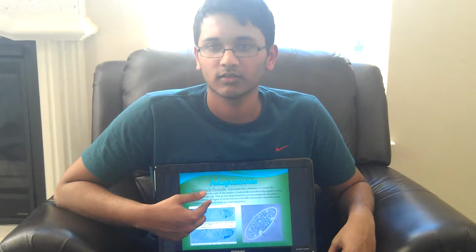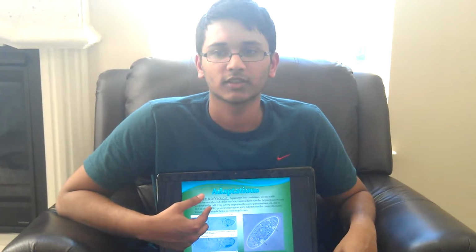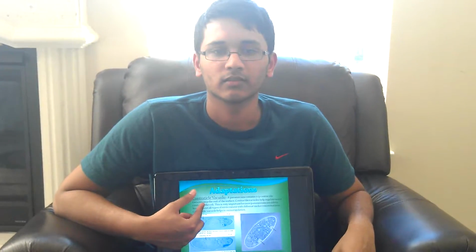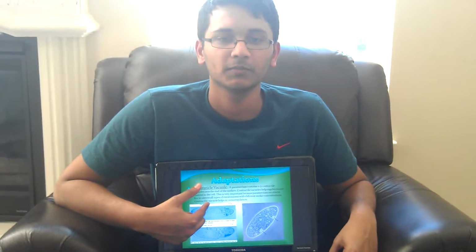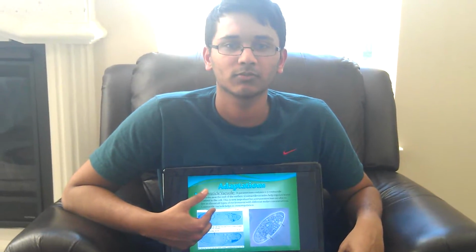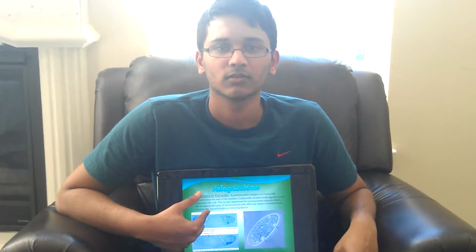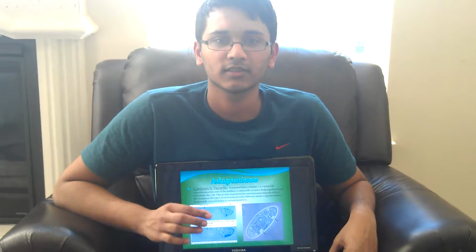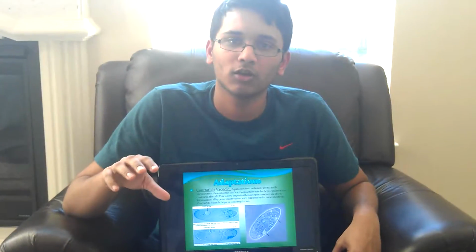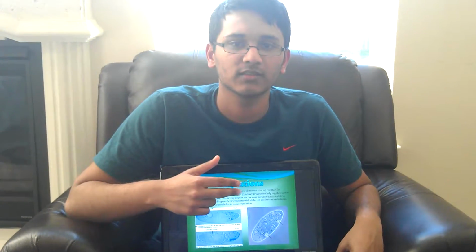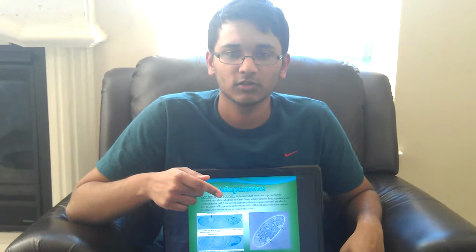Okay, now I'll talk about the adaptations. So the first adaptation is the contractile vacuole. Each paramecium has 2 to 3 contractile vacuoles, and the contractile vacuoles help in osmoregulation. If there's an excess of water in the paramecium, the contractile vacuole will pump out the water, maintaining homeostasis and equilibrium between the outside of the solution and the inside of the solution.